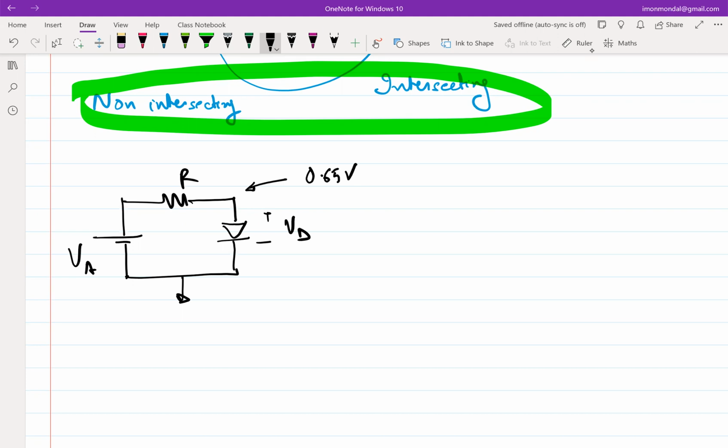Any comments? Any answer to that? Okay, we simplify the diode model.